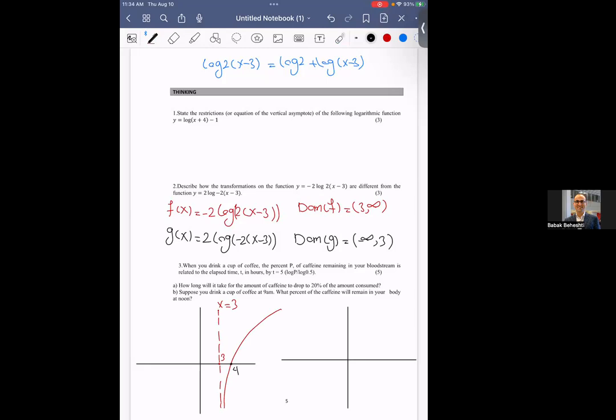When you do 2 times log of x minus 3, you do a horizontal compress, right?